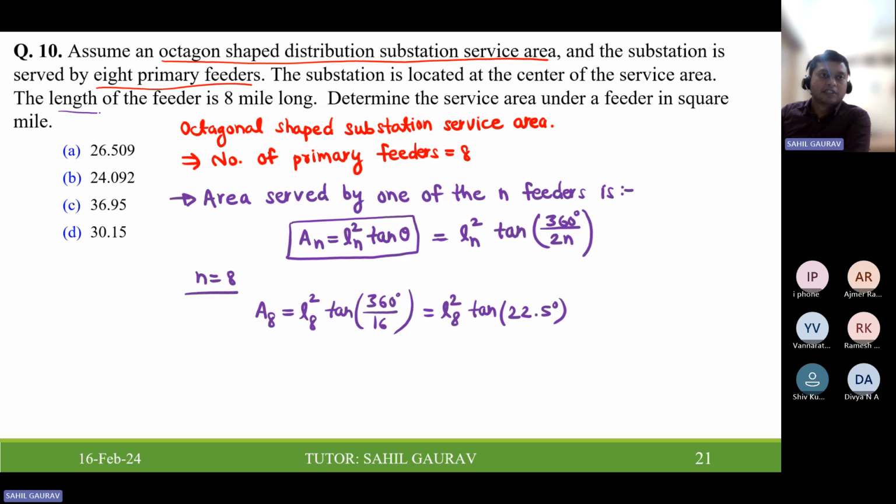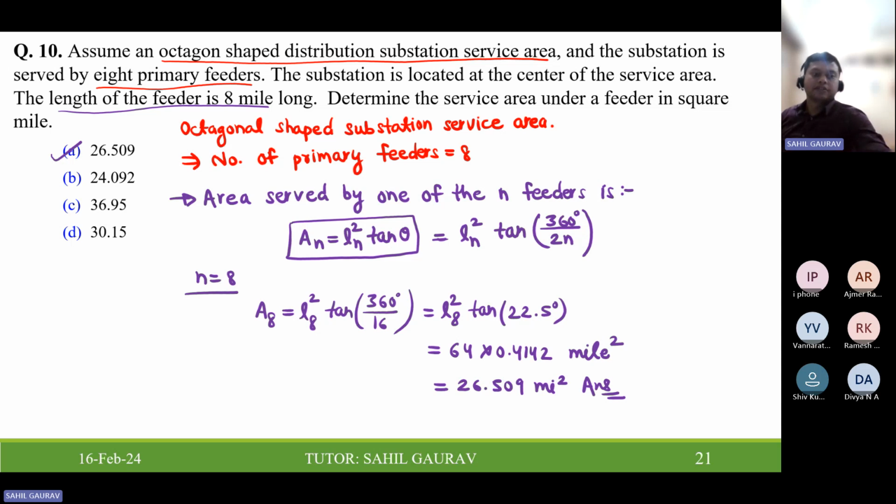The length of each feeder is given as 8 miles, so it is 64 square miles into tan 22.5 degrees, which is 0.4142. We will get 26.5019 square miles. The correct answer is A, 26.509.